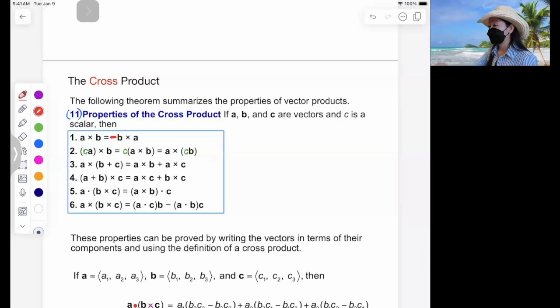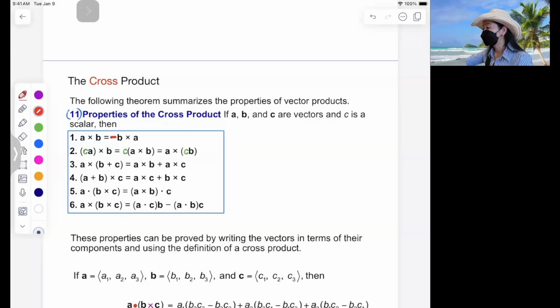Also, for a scalar multiple times a vector and then cross that, you can take the scalar in front, or you can put the scalar with the second vector. Kind of like the distributive property.